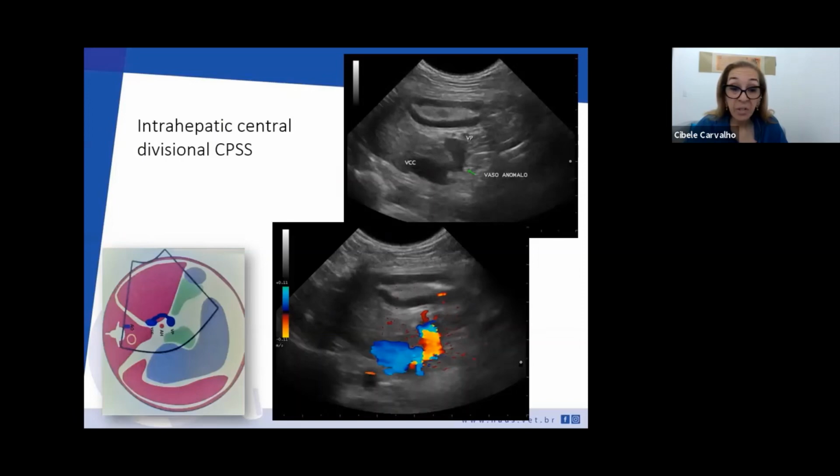There are no more vessels detected here, so something is very wrong, and this is an intrahepatic central divisional shunt.